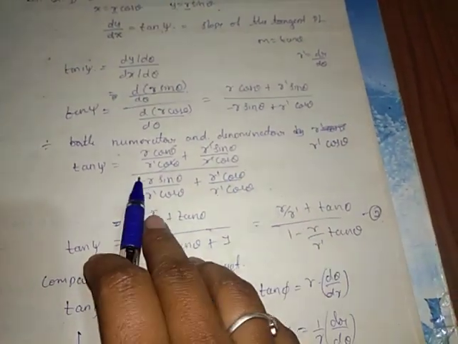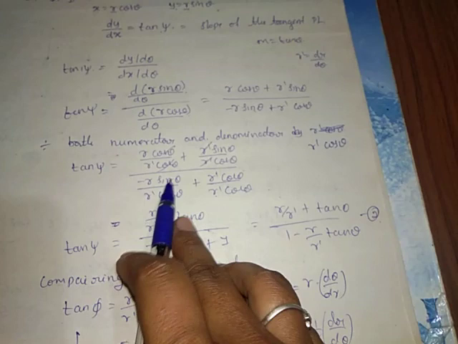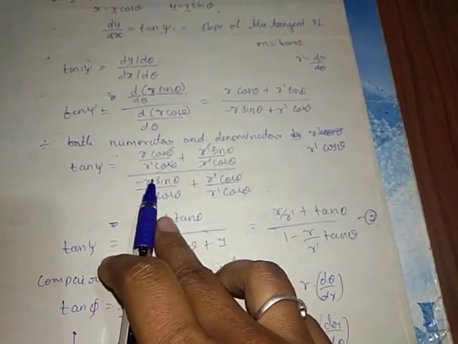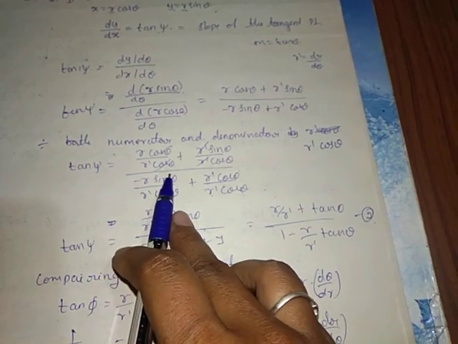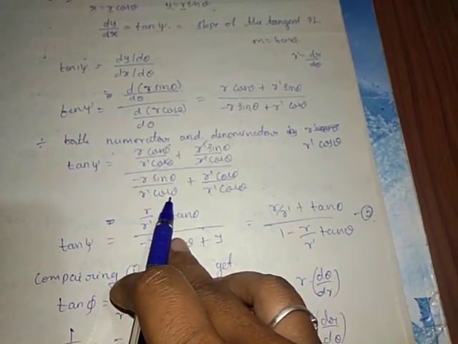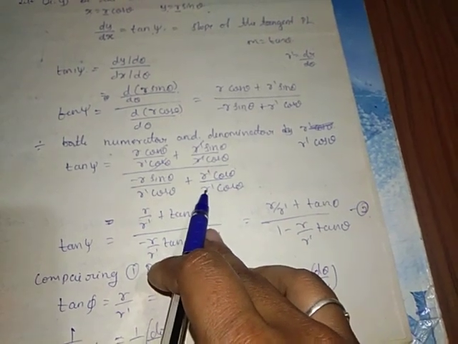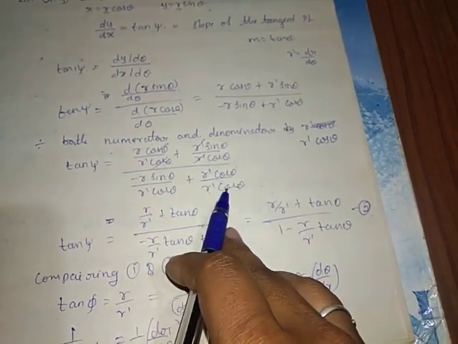Next, in the denominator, minus r sin theta divided by r dash cos theta gives minus r by r dash, sin by cos is tan theta, r dash cancelled, cos theta cancelled.